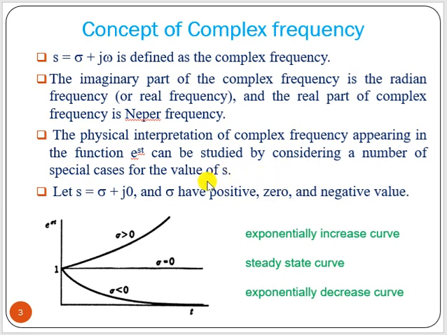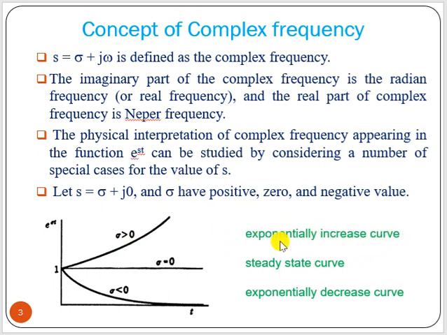Now say sigma is a positive value, that means e to the power sigma t can be e to the power 2t, 3t, or 0.5t, whatever the value may be. That gives you an exponential curve which is exponentially increasing.